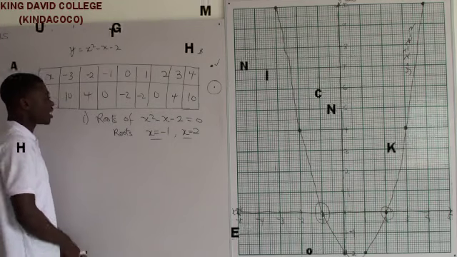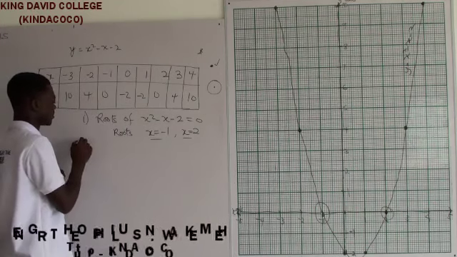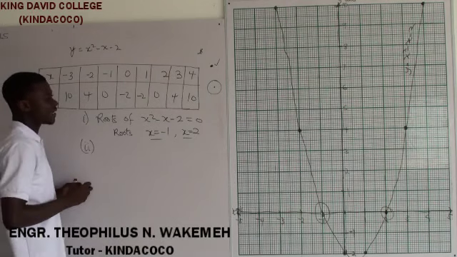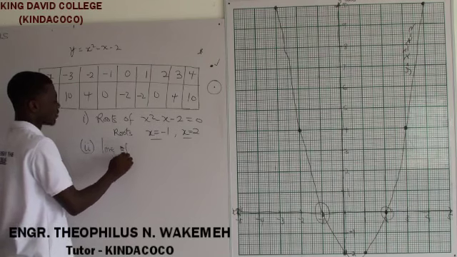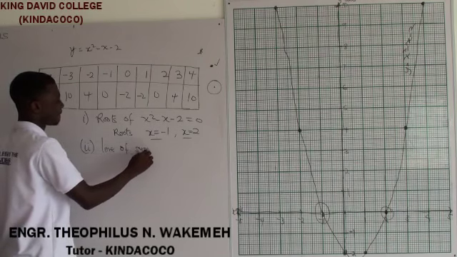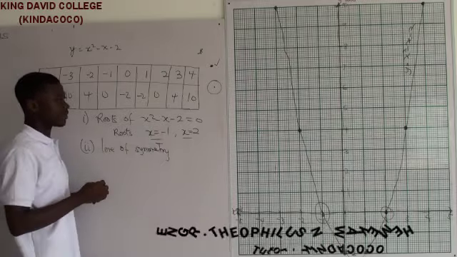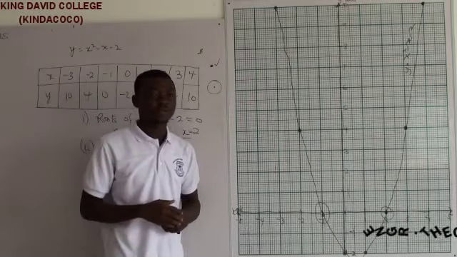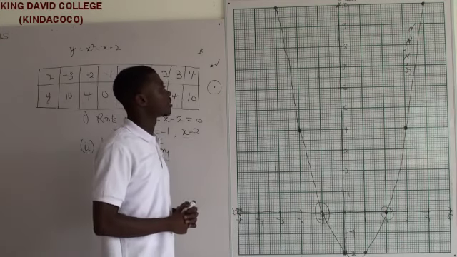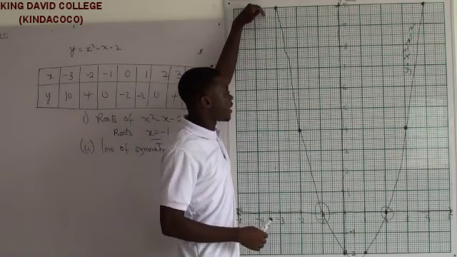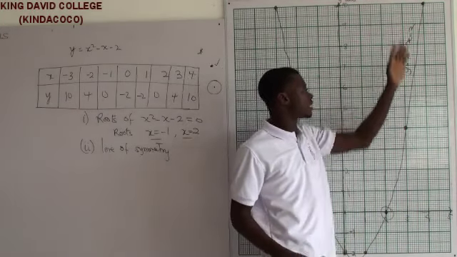Now, supposing we go on, and this question asks us to find the equation of the line of symmetry. When you look at this, this is a perfect curve that comes down and then goes upwards.